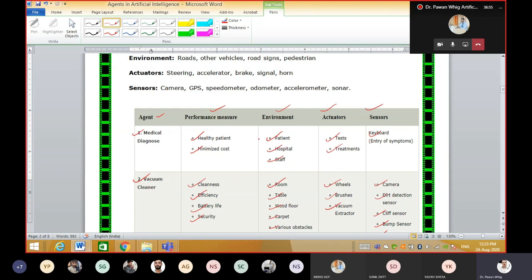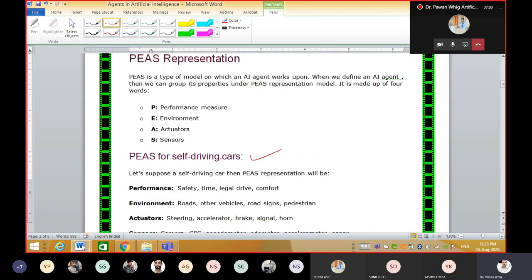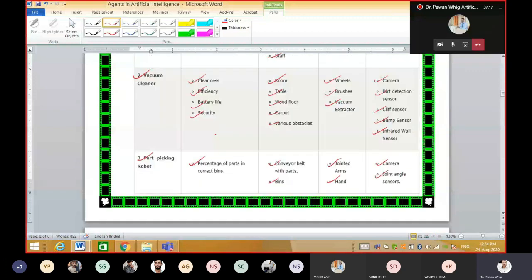So you can put your own thinking into the sensor, actuator, environment, and performance measures. Every artificial intelligence system is made on the basis of this principle: performance measure, environment, actuator, and sensors. So I think you understand this principle.